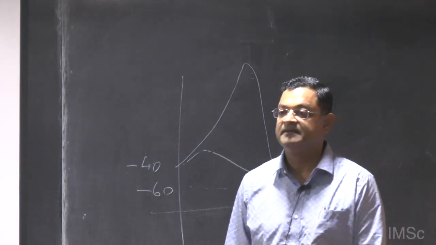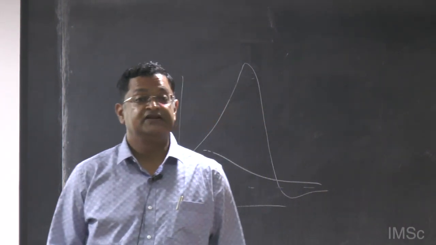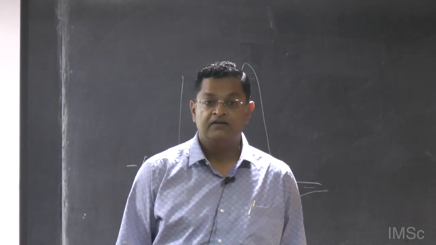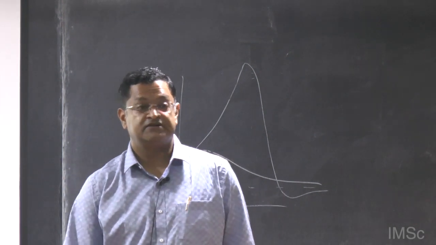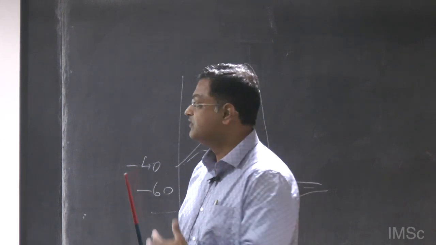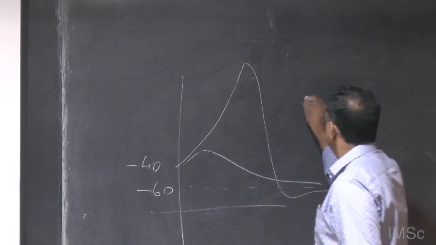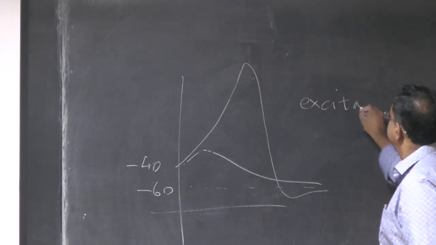That's an action potential, right? That looks like an action potential to me, right? Big difference in the trajectory, and so this is your first encounter with what is called excitability.